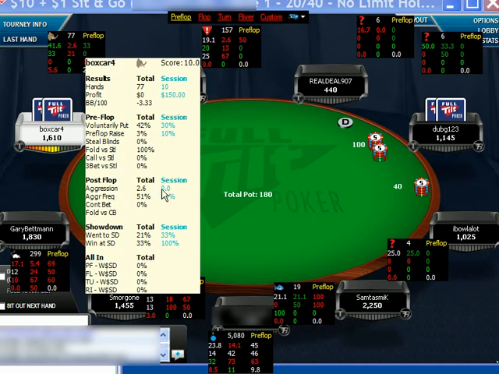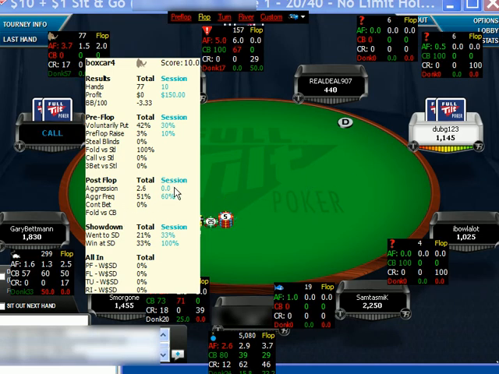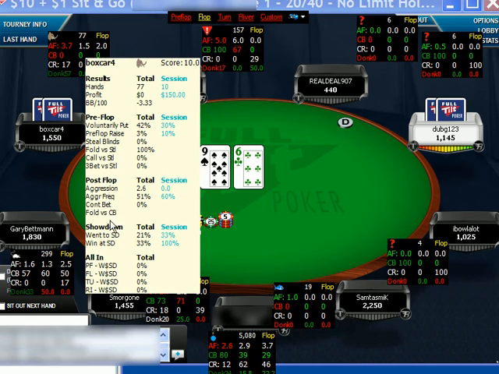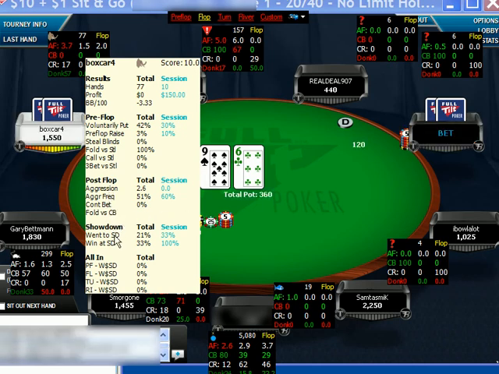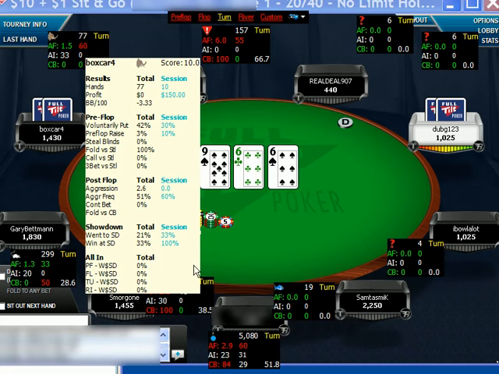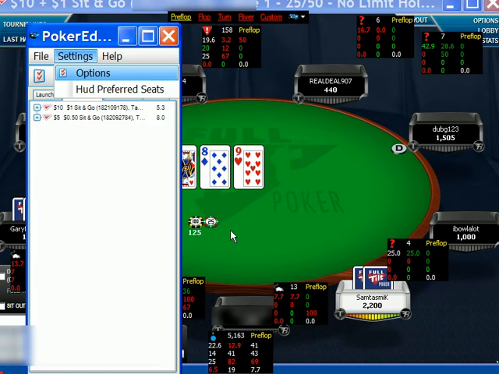So I will look at that after a while. I start to get like 20, 30, 40 hands, see if they're still doing today what they do historic. And then the same thing with their aggression factor, continuation bet, and going to showdown. How many hands are they taking to showdown? If they do go to showdown, are they winning at showdown? And is there a difference between their historic and their session? What's going on right now?